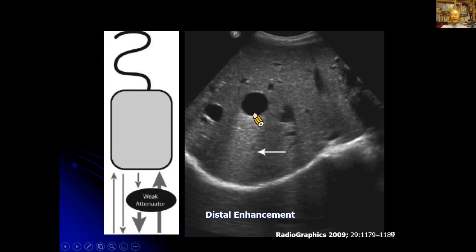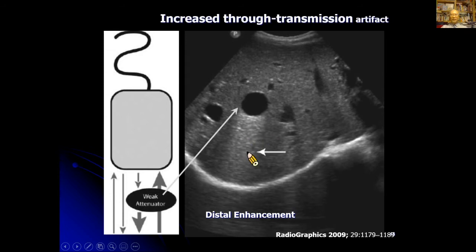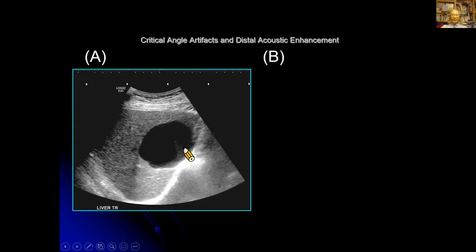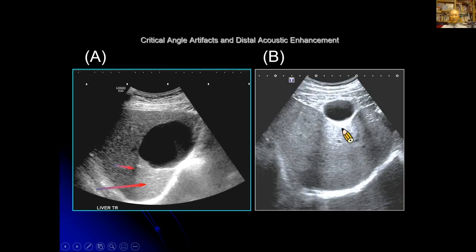And if the structure inside the liver parenchyma is a weak attenuator, then there should be distal enhancement or increased through transmission here. Again, enhancement, critical angle artifact in the typical renal, hepatic cyst or gallbladder.